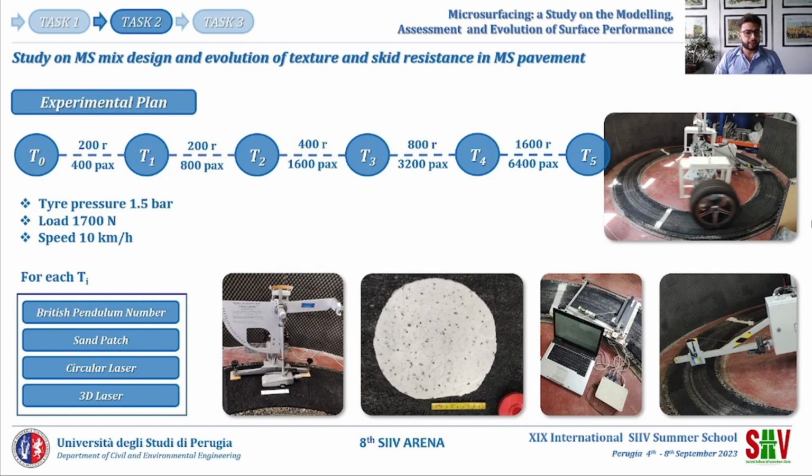For studying the evolution of the performance, the experimental plan is composed of 6 different conditioning times at different numbers of tire passes. At each step, measurements of British Pendulum Number, BPN, sand patch, 3D laser and circular laser were collected.